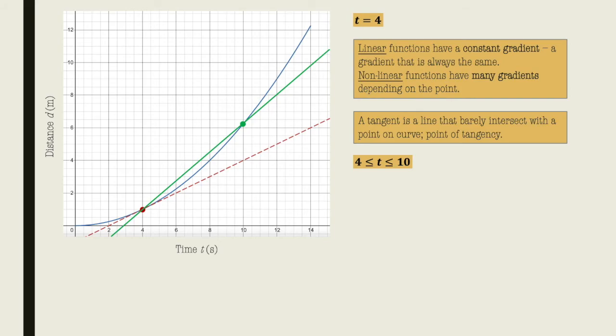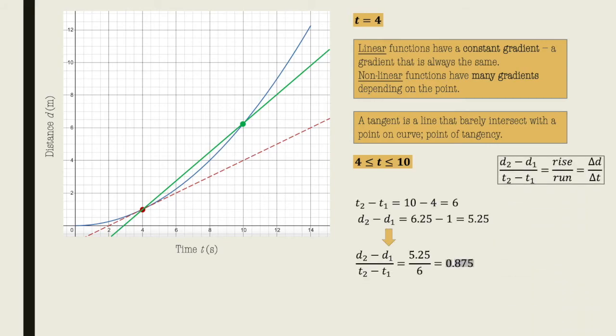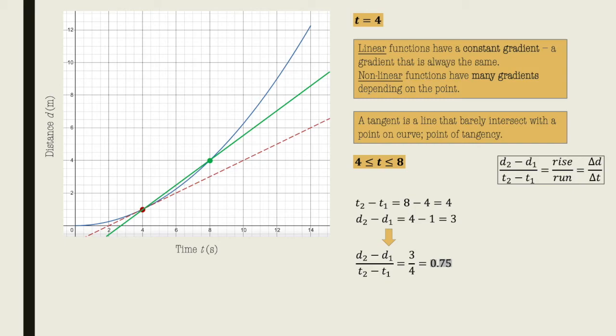As you may see, the point has shifted down the line, and we have a new gradient as a consequence. According to our calculations, that gradient is 0.875. Now we move that endpoint down even further to t equals 8, which yields a gradient of 0.75.